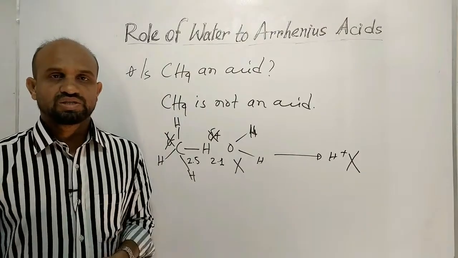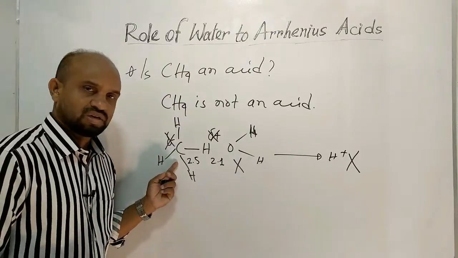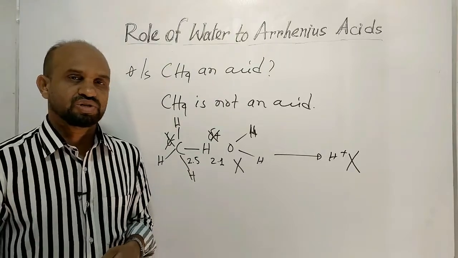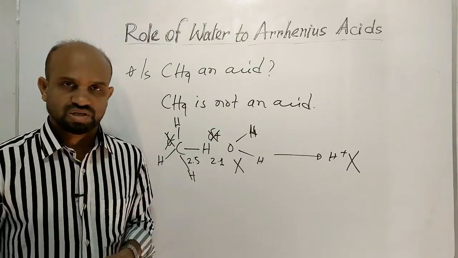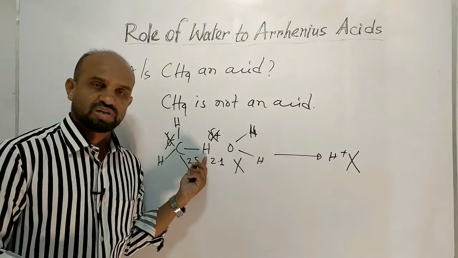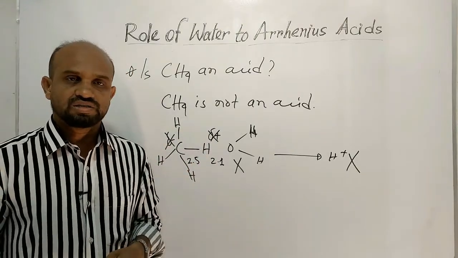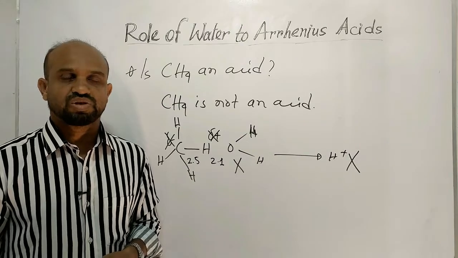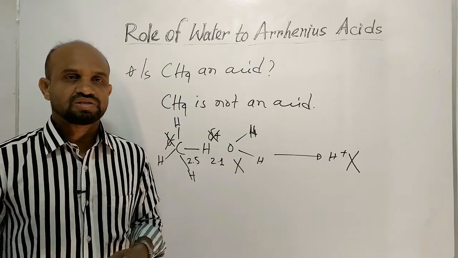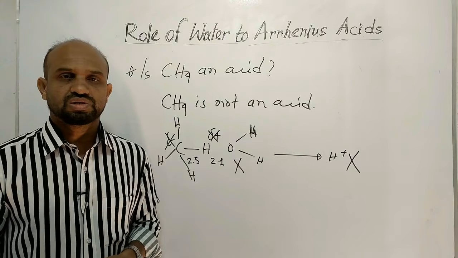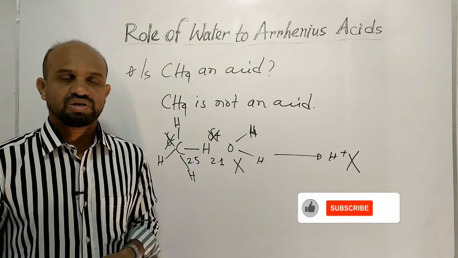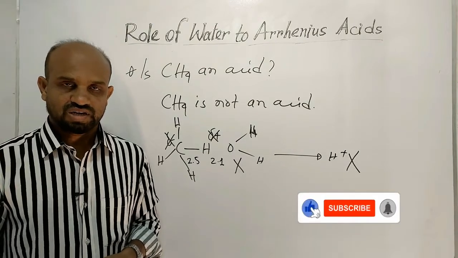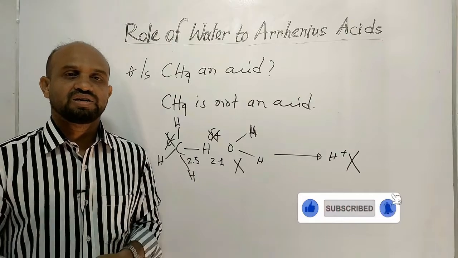So simply we can say that in methane electronegativity difference between carbon and hydrogen is almost negligible. No polarity happens here, and as a result water molecule cannot attack these hydrogen atoms of methane, and for this reason no protons are formed in water from the methane, and that is why methane is not an acid.